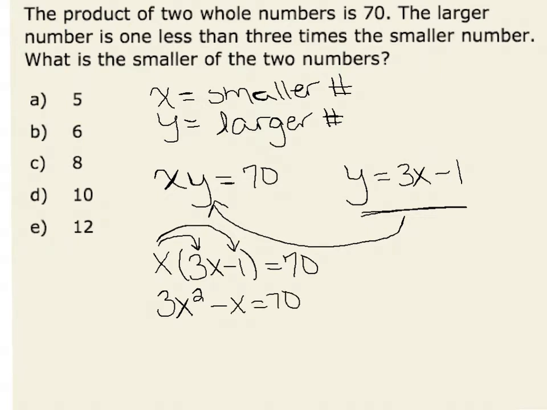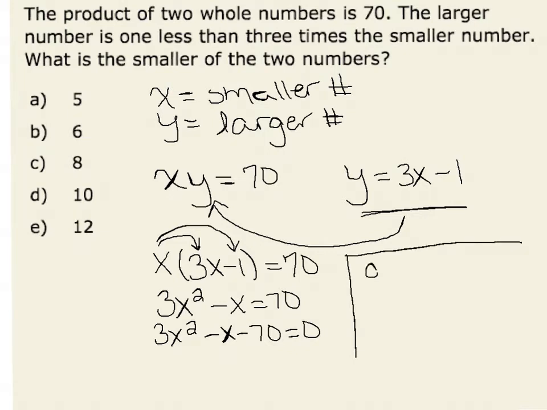In order to solve for this, I would set it equal to 0 and try to factor it. So if I subtract 70 from both sides, I get 3x squared minus x minus 70 is equal to 0. In order to factor this, I am going to look for two numbers that multiply to 3 times a negative 70, which is a negative 210, and at the same time these two numbers must add to negative 1.